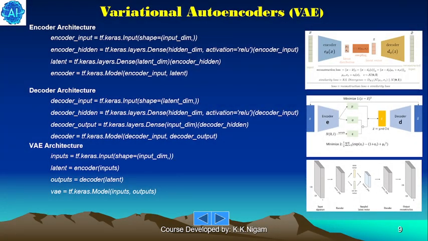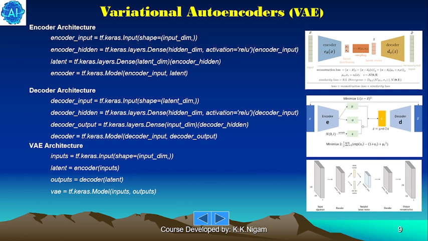This is the encoder architecture. This again is code which can be utilized, and it is also explained in terms of a photo, which is presented at the right hand side. So encoder input is tf.keras.Input. This one the learner has to practice, and the more he practices, the more confidence he will get.